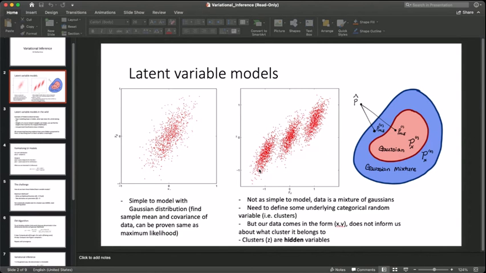Ignore categorical if that doesn't make sense to you. I pick one of the three classes uniformly, so I'm not favoring any class over the other, and then I sample from that Gaussian. Now, if I repeat this process, I'll eventually get data that looks like this, right? Because I'm sampling evenly from all three Gaussians. Does that make sense?